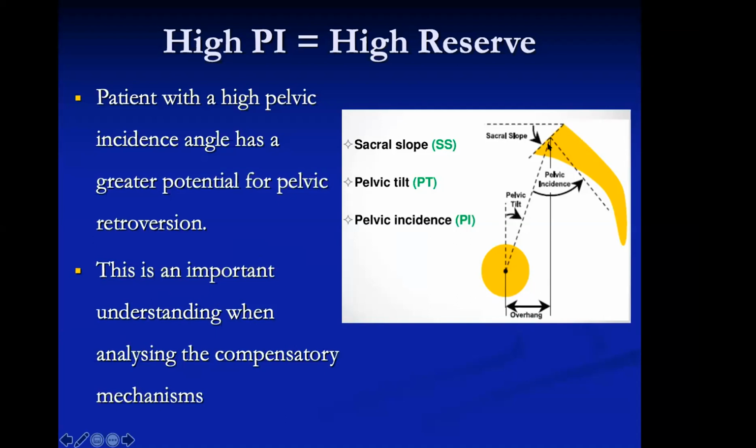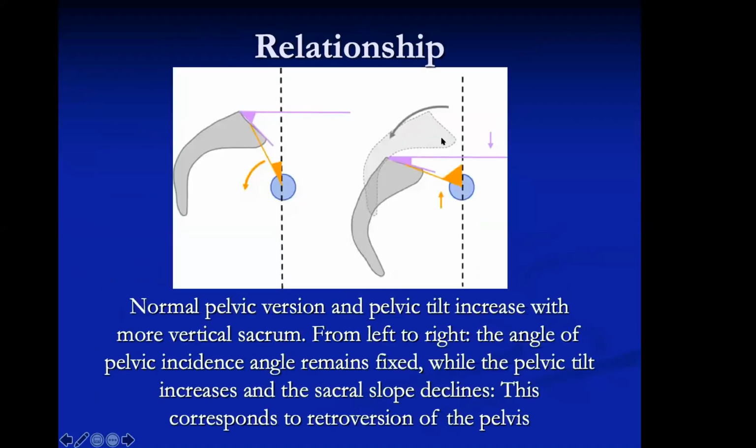So you can imagine, the pelvic incidence, if it is high, for example this is 80 degrees, this particular angle, then it will be more horizontal. Suppose it is less, it will be more vertical. As I described earlier, a patient with a high pelvic incidence like here will have a higher sacral slope and a lower pelvic tilt.